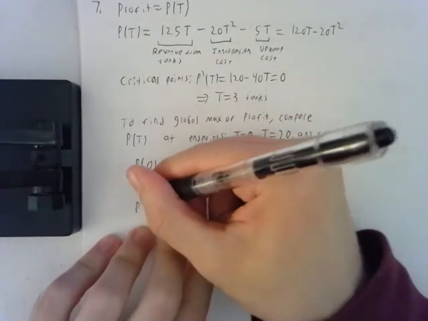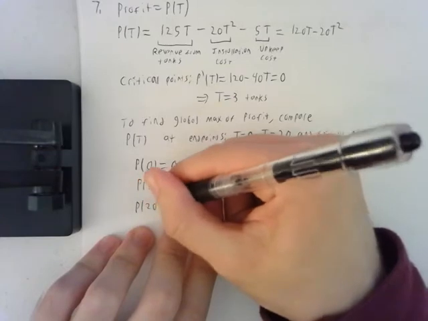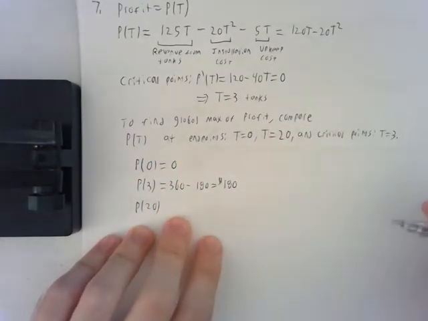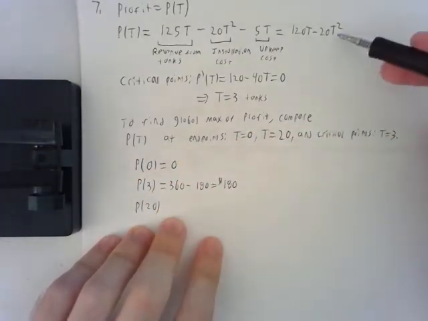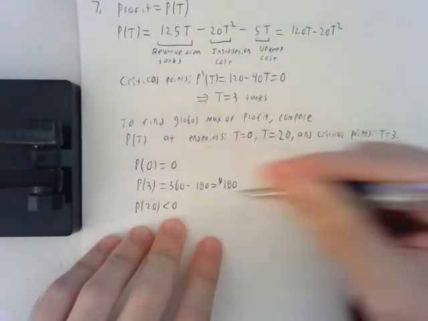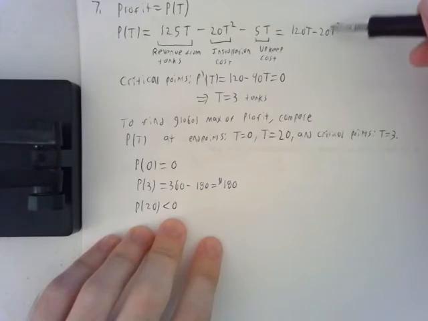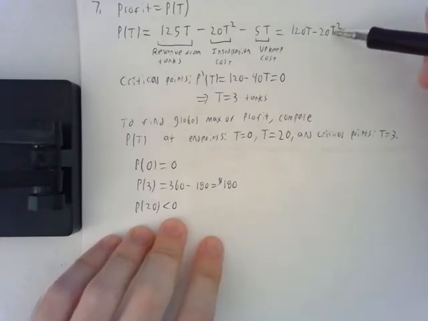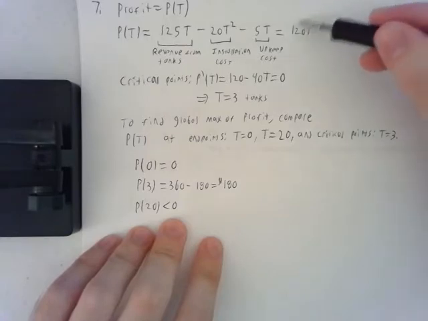And P of 20, well, I don't really want to calculate it, but it's definitely a negative number because this 20T squared times 20, that's 8,000, I think. That's definitely bigger than 120 times 20, right?